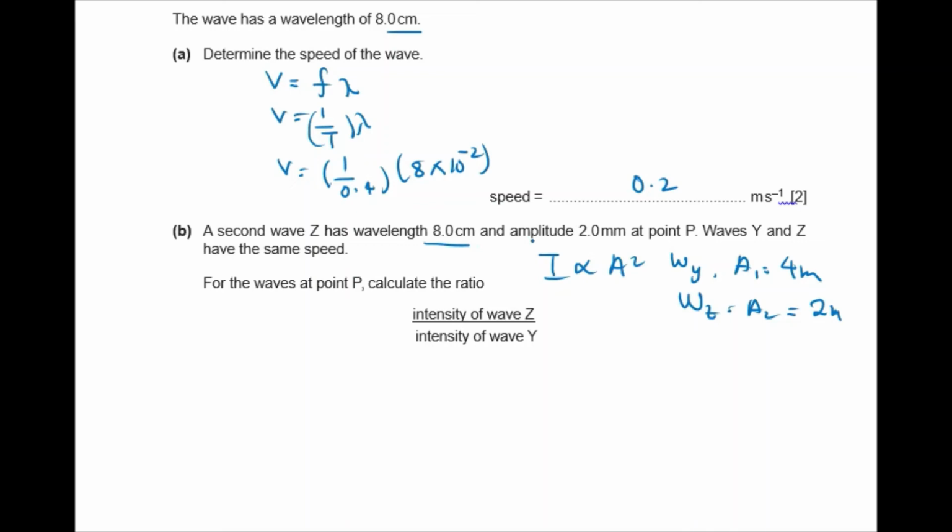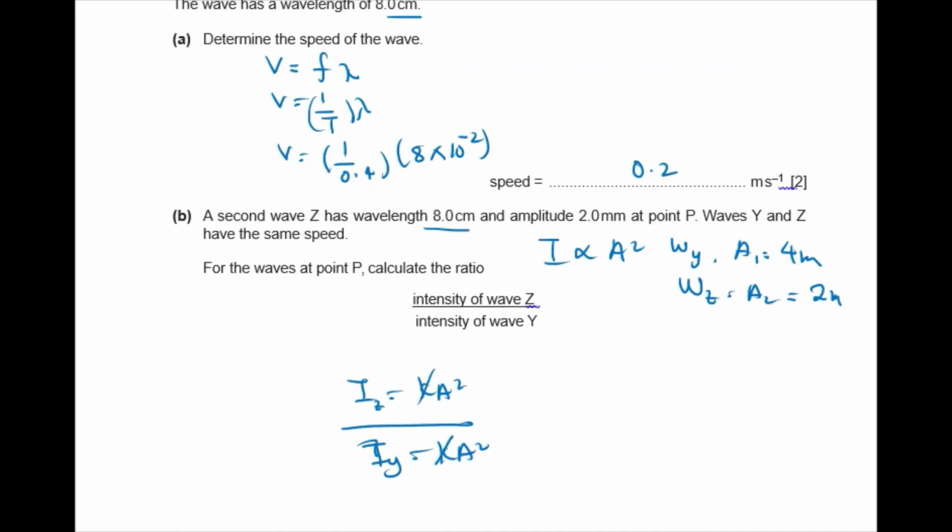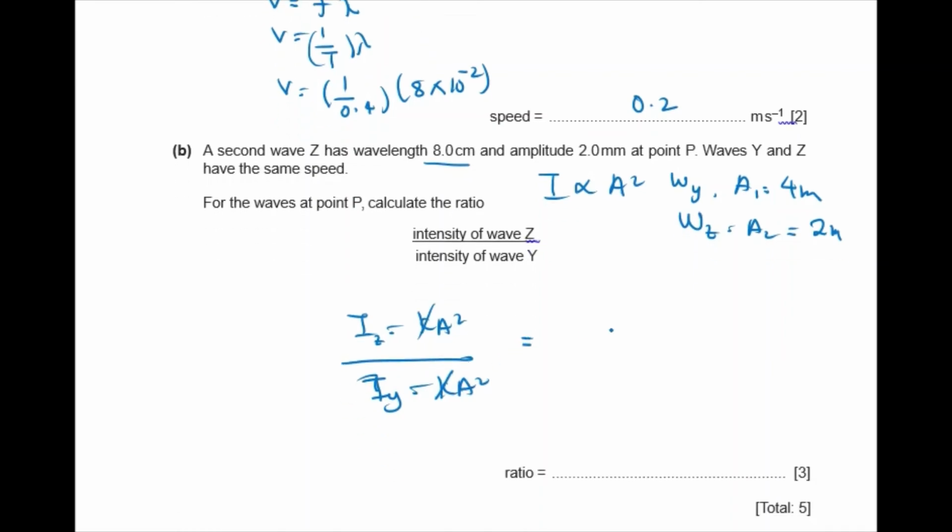Wavelength is the same, 8 cm. So say intensity equals K times amplitude squared. Intensity Z divided by intensity Y equals 2 squared divided by 4 squared. So the ratio is 0.25.